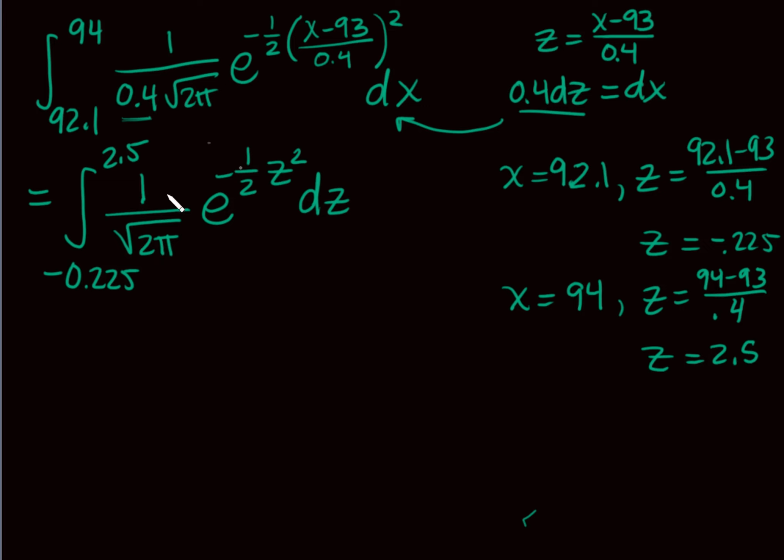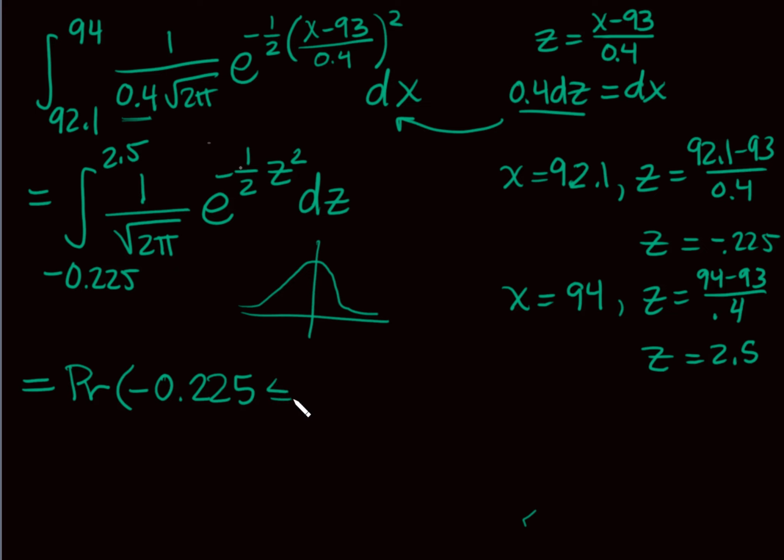Guys, remember what this is right here. This is now my standard normal curve. So what we're asking is to find the probability that my normal curve lies between negative 0.225 and 2.5. Isn't that great?